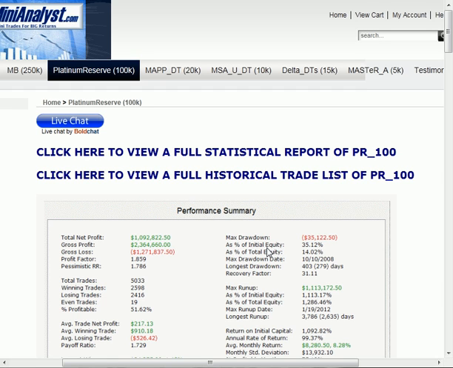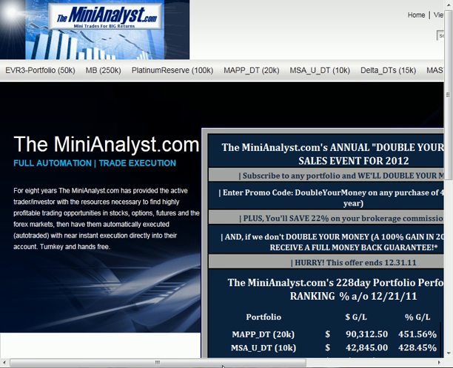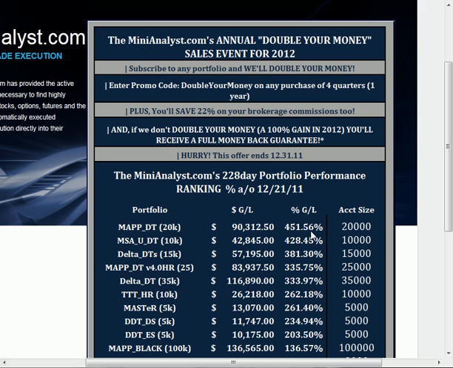Beautiful models. Again, these have not been offered to the public. We still offer, the MAPDT is closed. MSAUDT is open. As you guys know, those portfolios have been outstanding. MAPDT 500% led last year, 500% return over the last 228 days, 430% for the MSAUDT, Delta TTS up 400%. A few of these still qualify for the double your money back guarantee.